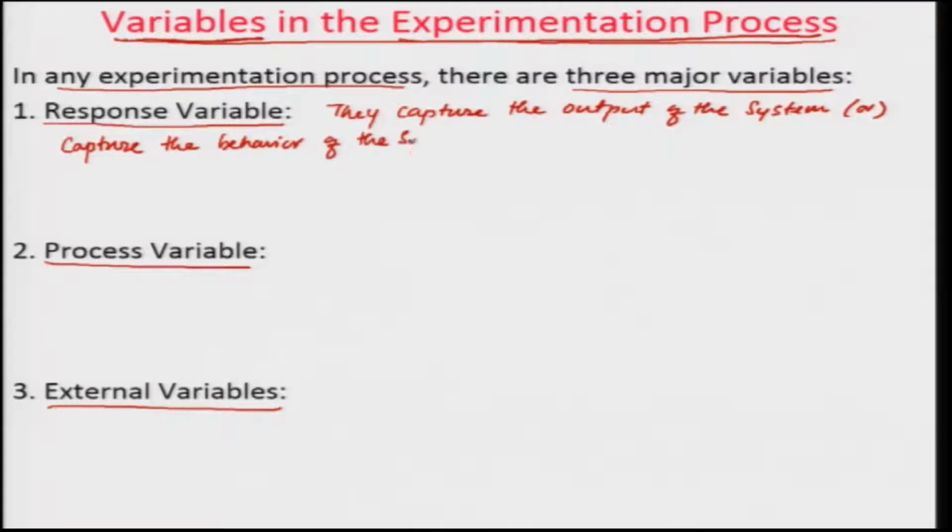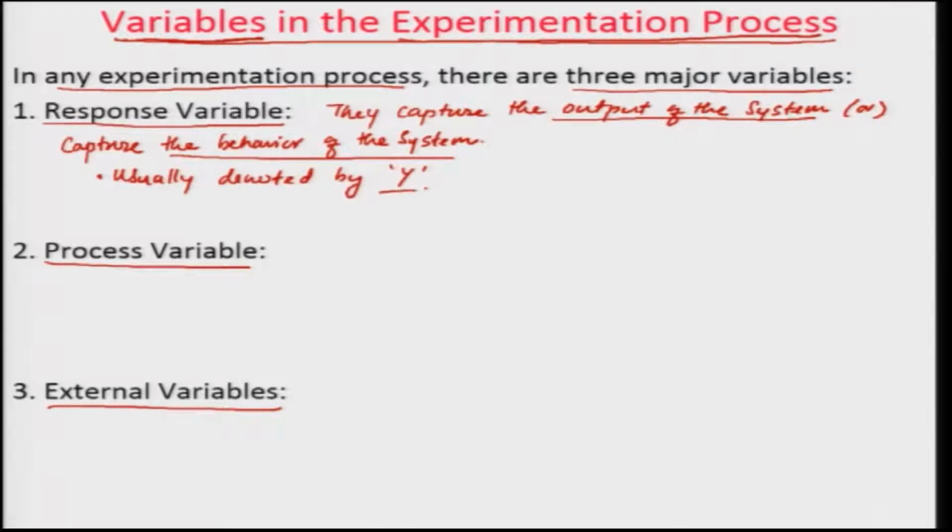Okay. So, what we are talking about here is that the response variable is the output. When we change the factors, what is the output the system is giving? We are going to talk about how this output captures the behavior of the system. It is usually denoted by y, the alphabet y.